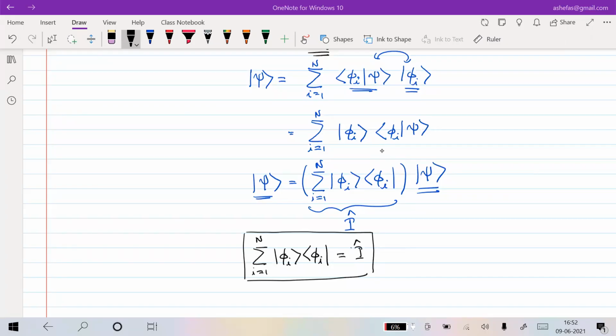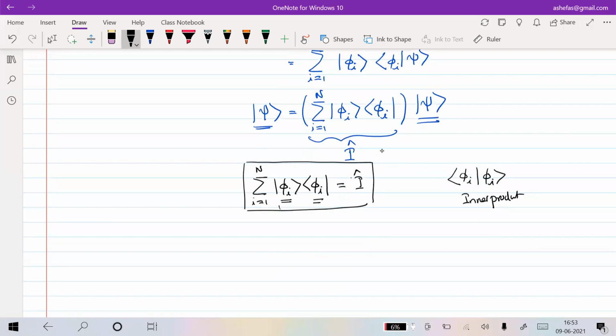So here we have a new kind of notation. So usually we write the inner product as first the bra vector, then the ket vector. So this is what is called inner product. But here the order is different. First we have written the ket vector, then the bra vector. Now such kind of notation is called outer product.